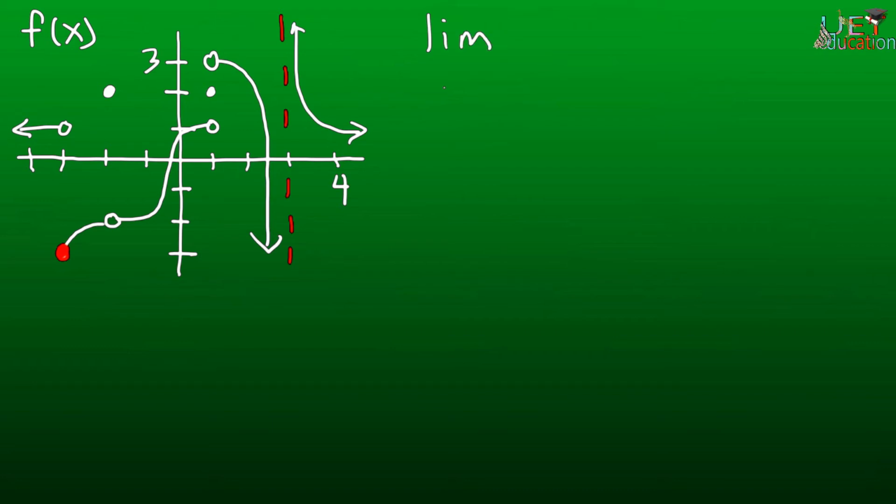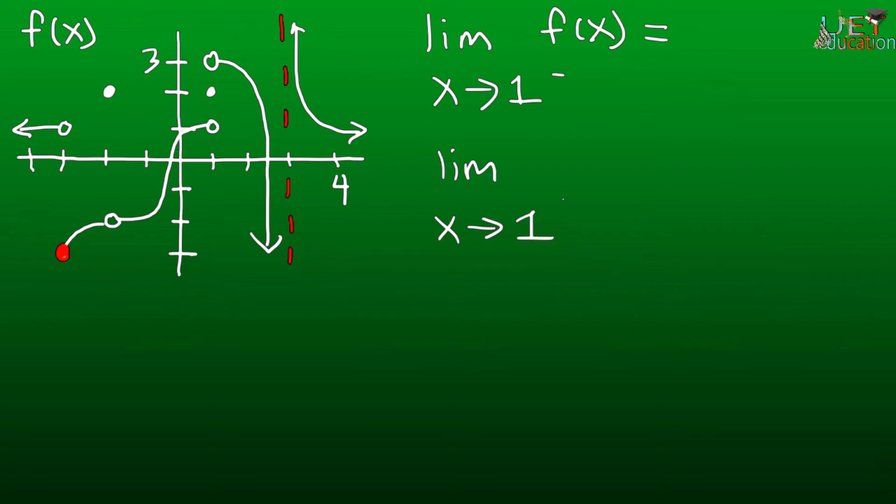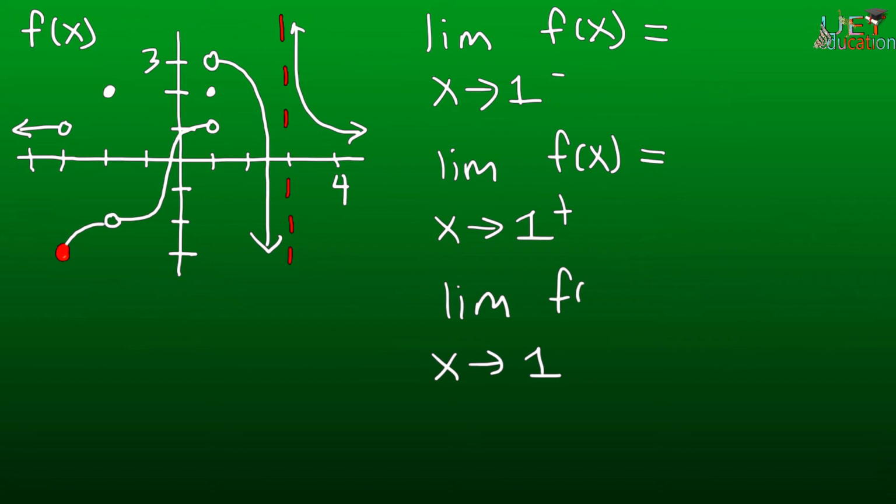Evaluate the limit as x approaches positive 1 from the left side, from the right side, and from either side, and also find the function value when x is 1.